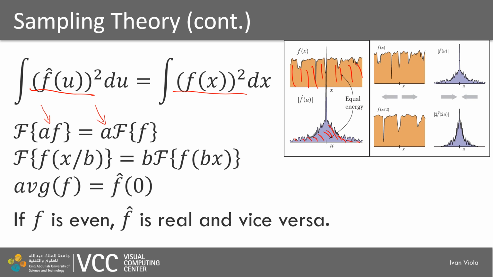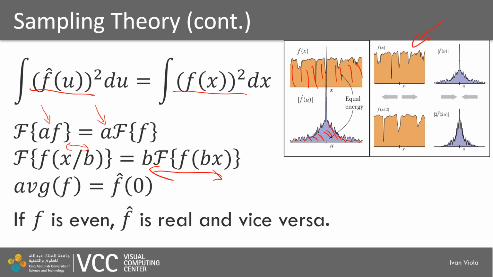Something interesting is happening if we are, for example, stretching or dilating our function in the spatial domain. We will be dilating or stretching this function in the frequency domain. We can see this in this example.